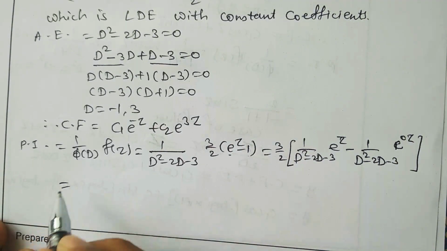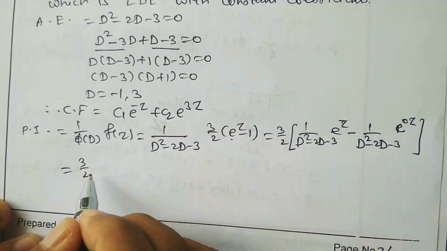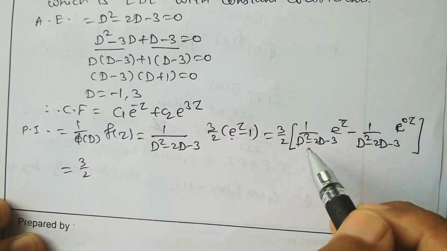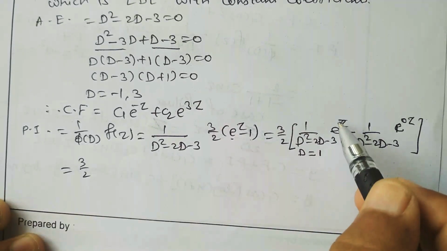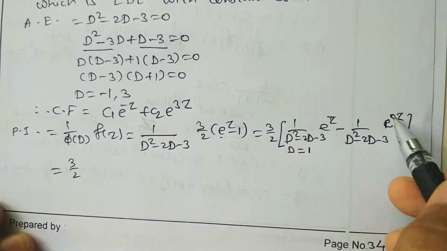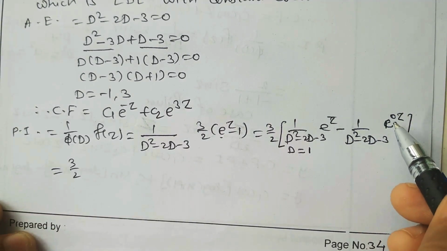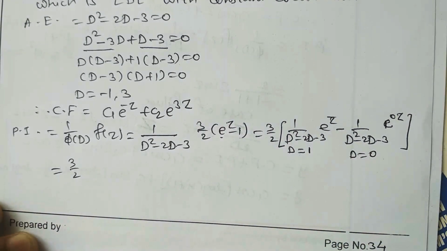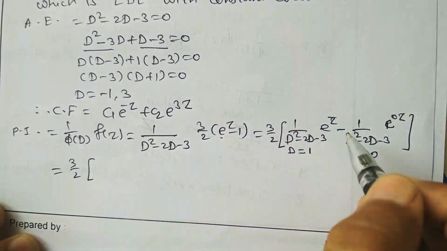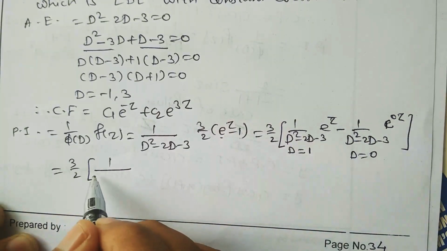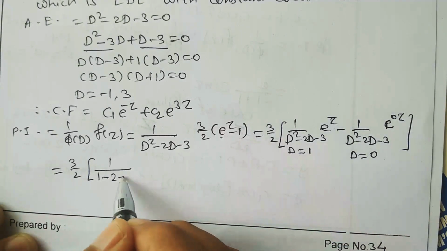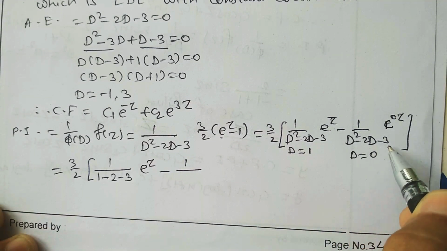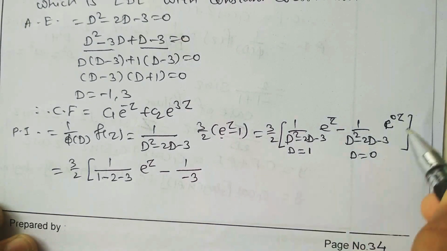Now this is equal to 3/2. Here the term is e^z, and for this we can use the shortcut method. We can put D = 1 because the coefficient of z is 1. And for the term e^(0z), we can use the shortcut method formula for e^(ax), where a is 0, so you can put D = 0. So 3/2 times the bracket: the value of D is 1, so D² is 1, minus 2 times 1 is 2, minus 3, e^z, minus 1/(D² is 0, −2D is 0, so −3) e^(0z) is 1.